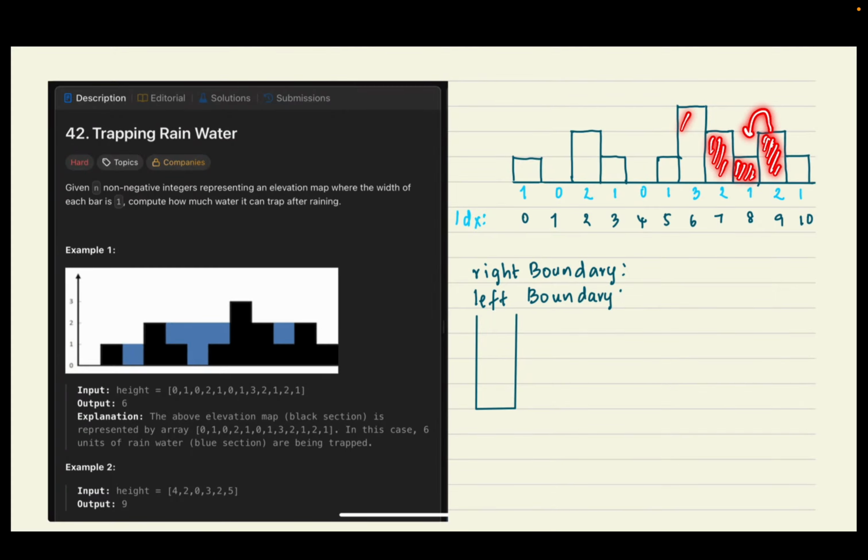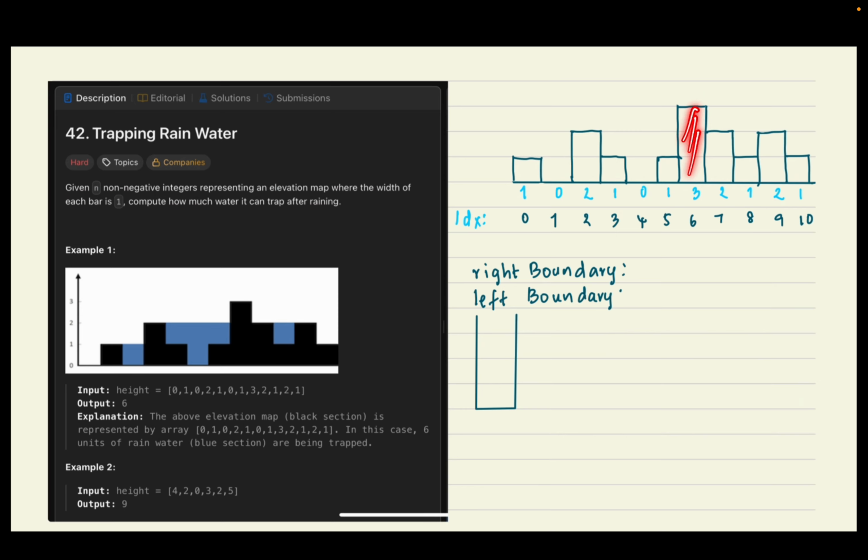That means whenever I encounter this situation, I have encountered the right boundary for the previous building, correct? So whenever I encounter a right boundary for a previous building, I should also determine what is its previous building, right? So I should keep track of this.